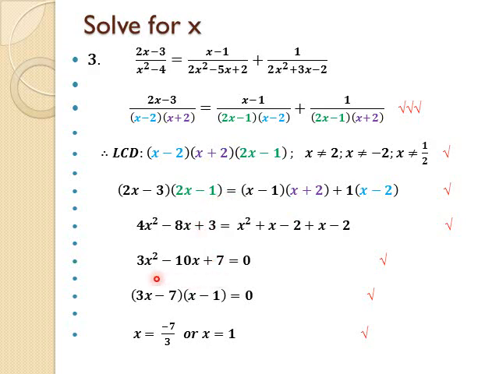So if I factorize, 3 is a prime number, I have 3x times x. 7 there is a prime number, middle term negative, so negative 7 times negative 1 to get positive 7. But minus 7x minus 3x gives me minus 10x. So x equal positive 7 over 3, it shouldn't read negative, or x equal to 1.